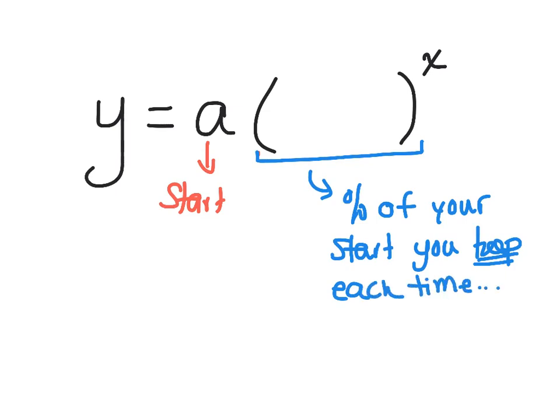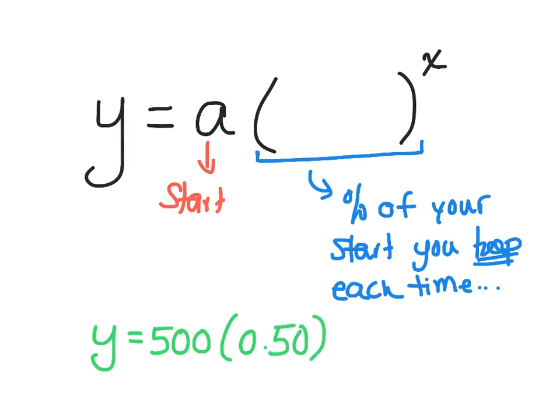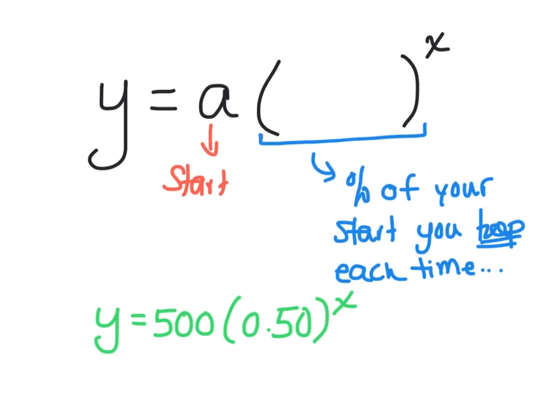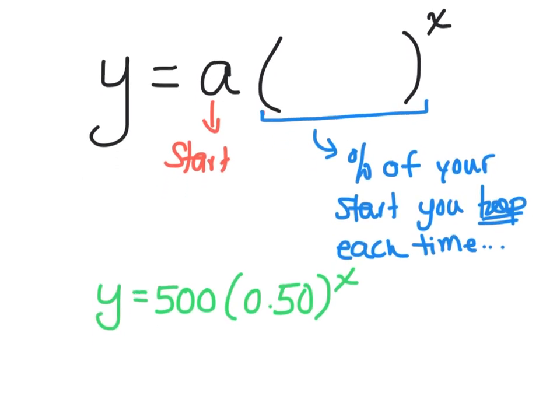So let's think about a specific example. What if I wrote this? y equals 500 times 0.50 to the power of x. So what I can see here is I'm starting at 500. Now, whatever number this is, I'm going to go ahead and do a little side work over here.